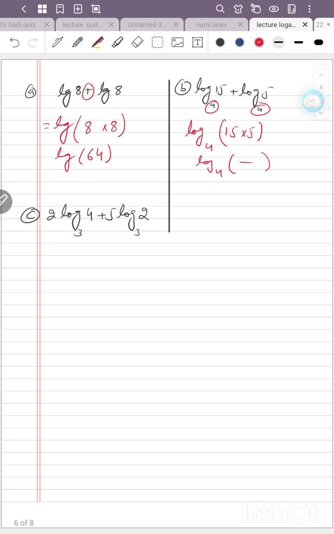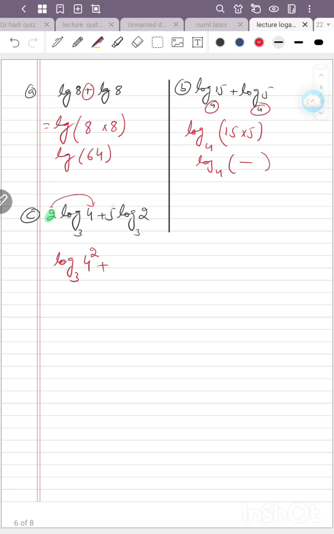Now, how do we solve part C? 2 log base 3 of 4 plus 5 log base 3 of 2. Here, log base 3 of 4: when we convert it into a single log, the multiplier will be the power. The power is 2, because if a number is multiplied by the log, we convert it into a single log.